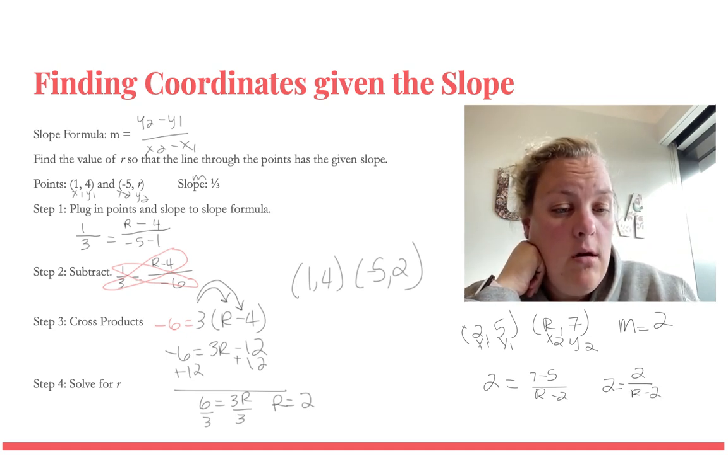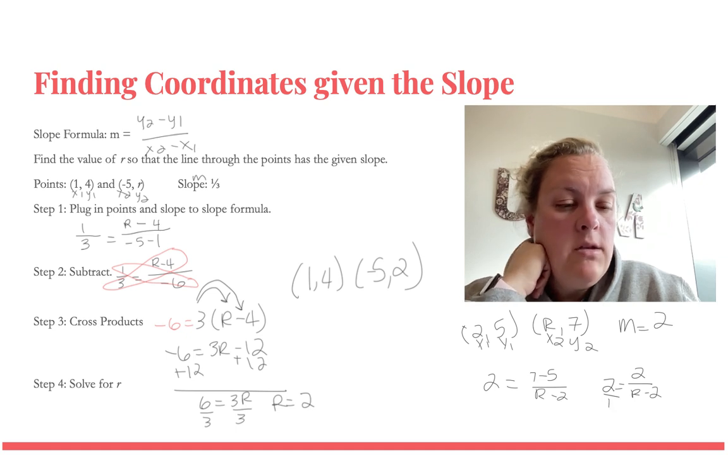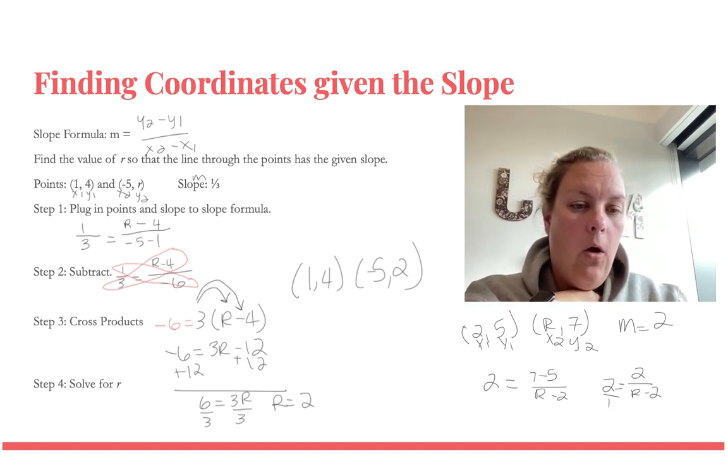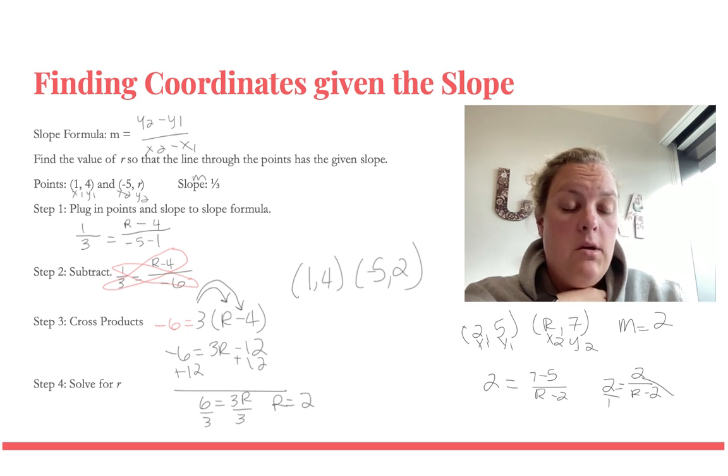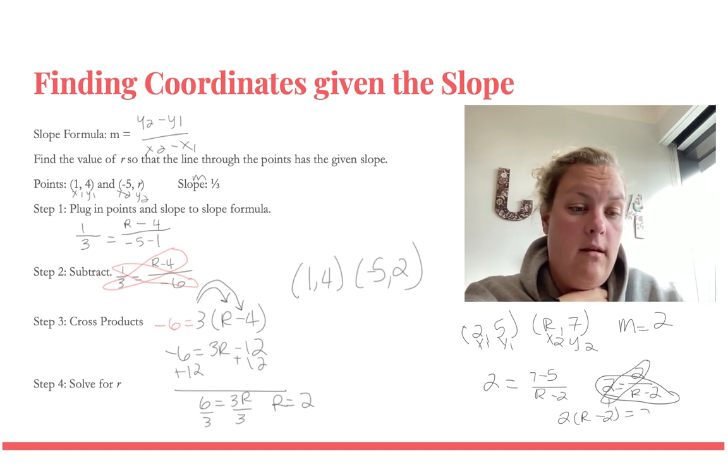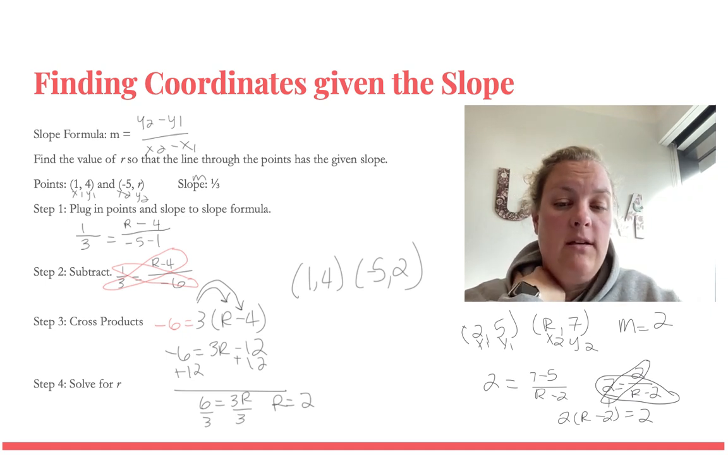Well, remember that whole numbers always have a 1 on the bottom. Okay, whole numbers always have a 1 on the bottom. So you are going to cross multiply. 2 times r minus 2, and then in this way, 2 times 1, or just 2. And you have a question that looks very similar to the one that we did before.